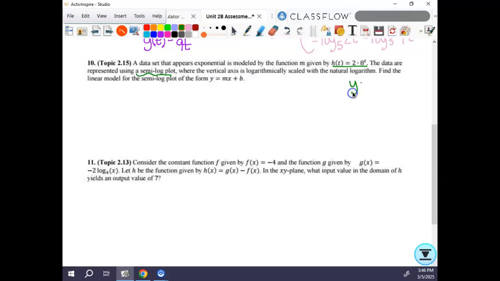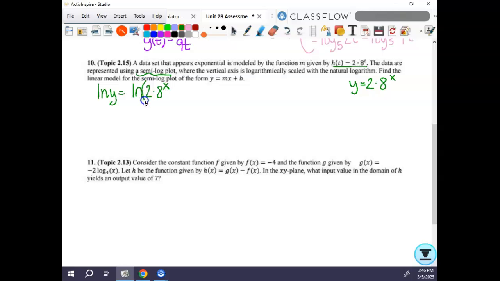So I want you to think about this as y equals 2 times 8 to the x power, right? And I'm going to linearize that data, which means I'm going to take the natural log of both sides. So this is going to give me the natural log of y equals the natural log of 2 times 8 to the x power. I cannot bring the x out in front as an exponent because it's only on the 8, it's not on the 2.